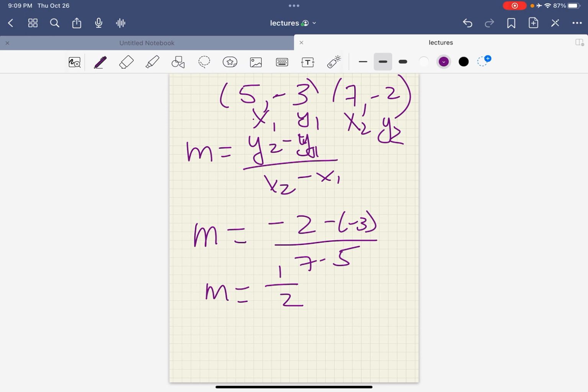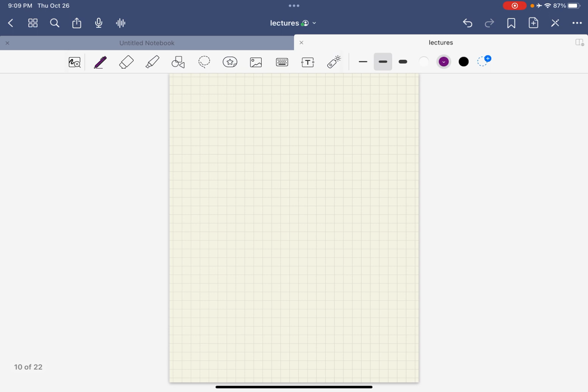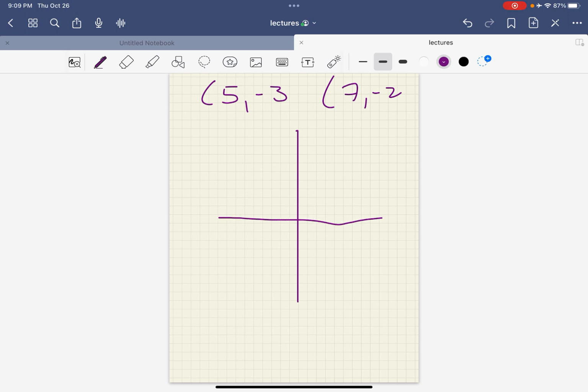Okay, then B is find the distance between those 2 points. So 5, -3, 7, -2. I'm just going to graph that. So that's 1, 2, 3, 4, 5, and 1, 2, 3. Oh, that's wrong.